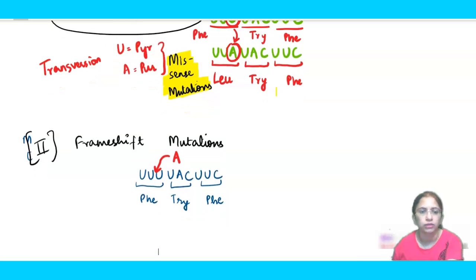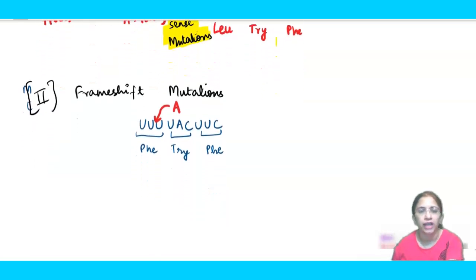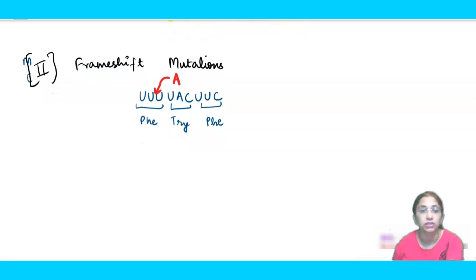Okay, now what will happen? As the insertion of A has to happen, then this sequence will become UU and A will come in between, and U, U, A, C, U, U, and C. Can you see how it has affected?